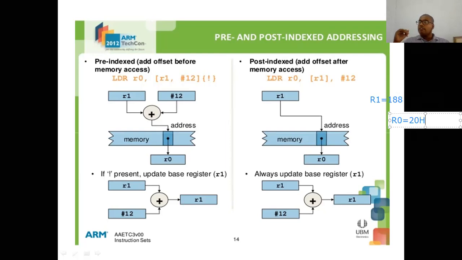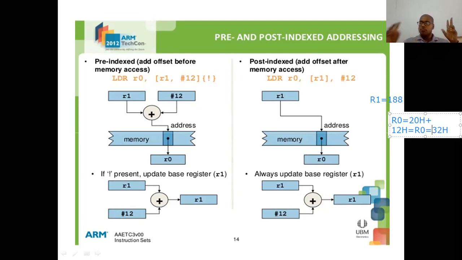After that, I am adding this particular 12 to the 20. Then how much am I going to get? 32H. So the R0 is going to be updated with a new value, 32H. That is the difference between pre-indexing and post-indexing.